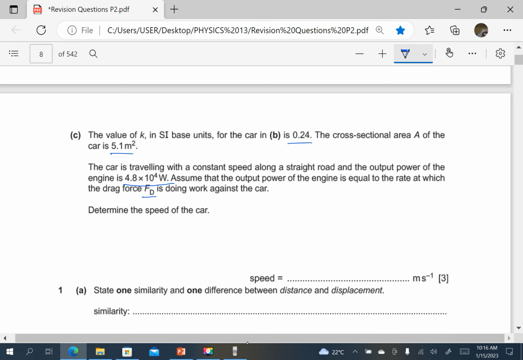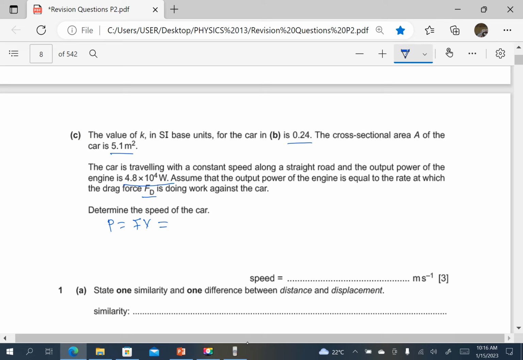Okay, so we know from work, energy, and power that power can also be given as force times velocity. So this time the force is Fd, because they said the output power is equal to the rate at which the drag force is doing work.